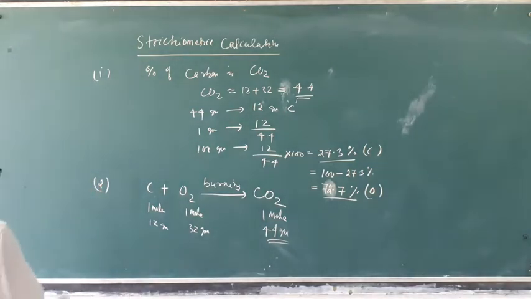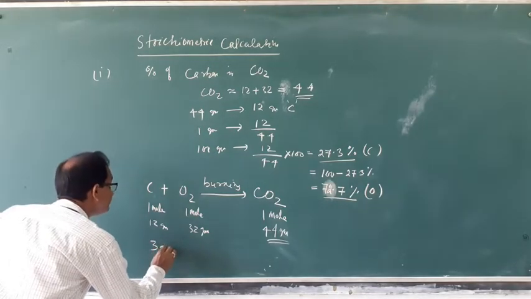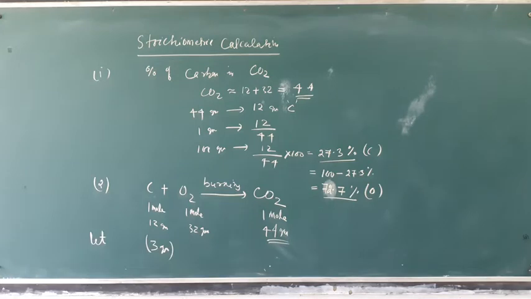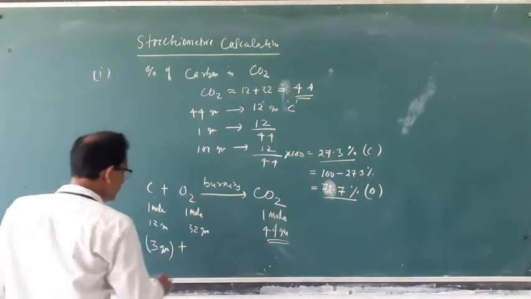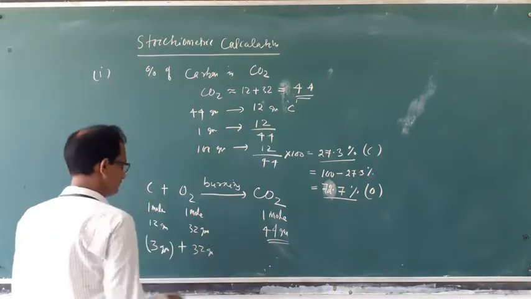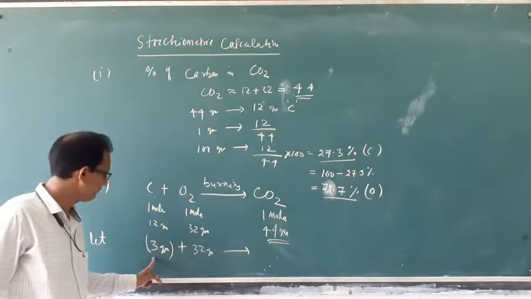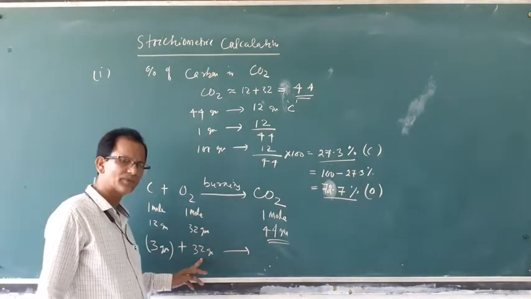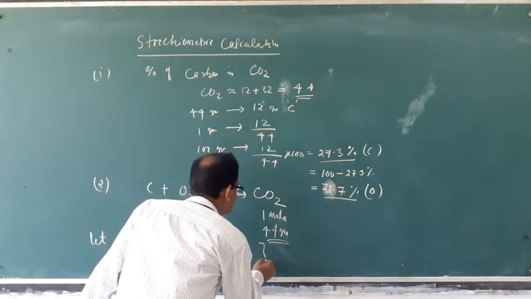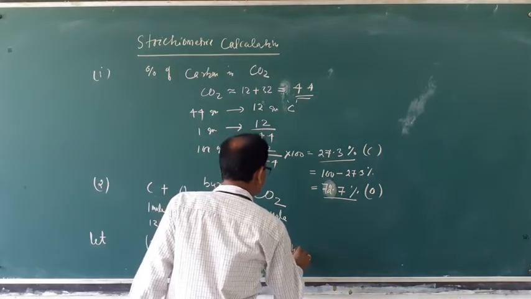Let the question be like this. 3 gram of carbon is taken with 32 gram oxygen. The question is how much carbon dioxide will be formed?